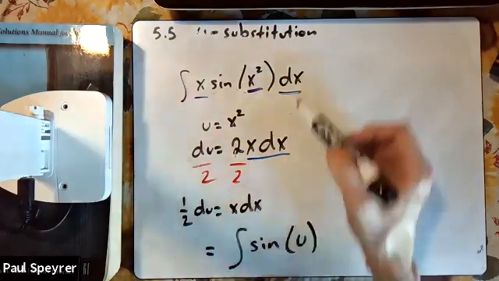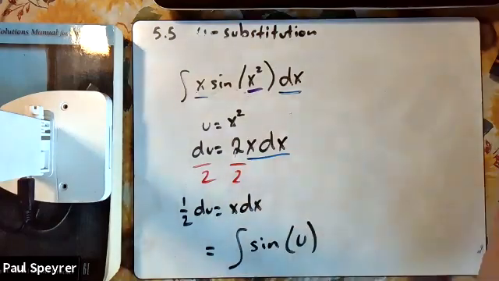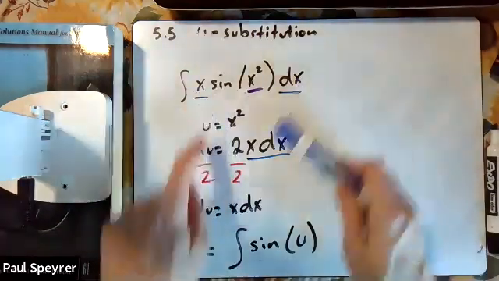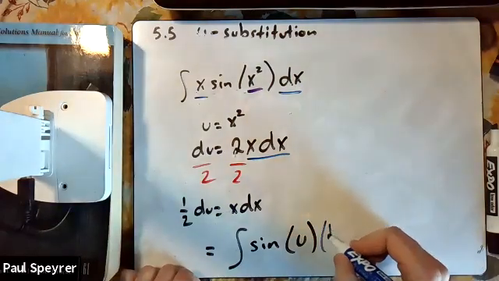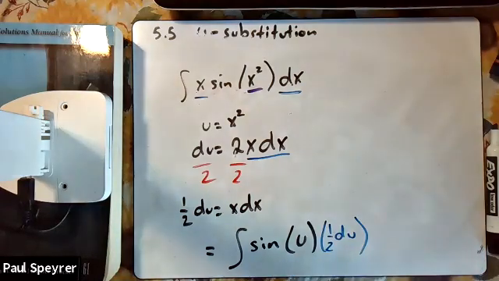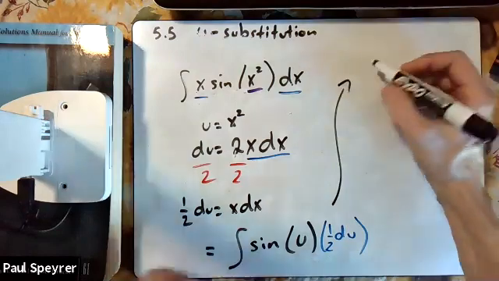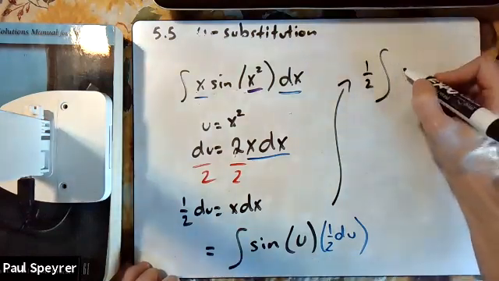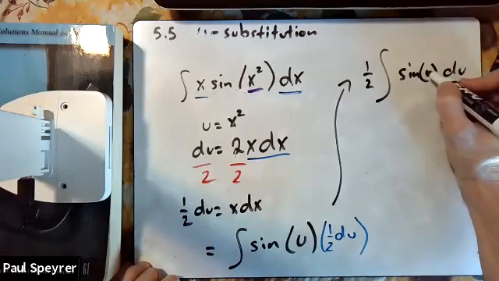And then what's the dx and the x? Remember, that's the 1/2 du, right? This blue stuff became the 1/2 du. Remember, we're not going to leave it like this though, right? This becomes 1/2 and the integral of sine of u du.